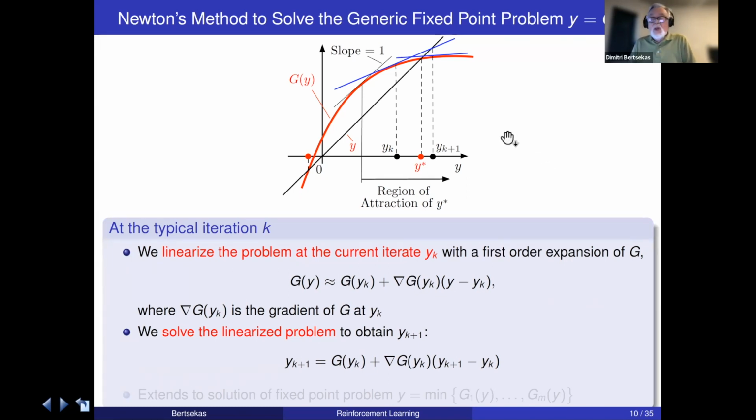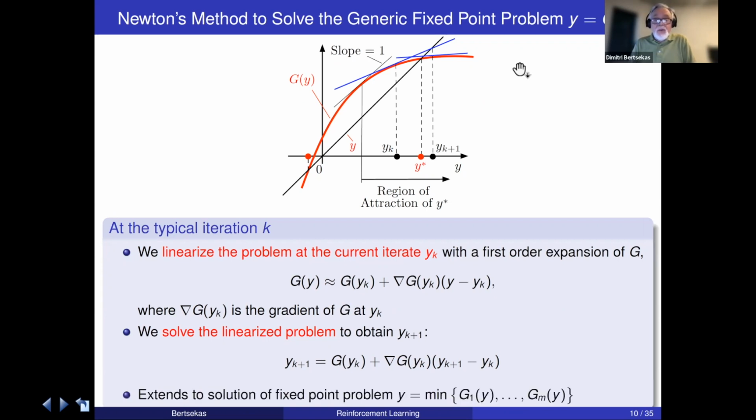Now, one of the difficulties here that you might wonder about is that this figure applies to differentiable functions. On the other hand, the Riccati equation is differentiable, but in general, in dynamic programming, we have non-differentiable Bellman equations.